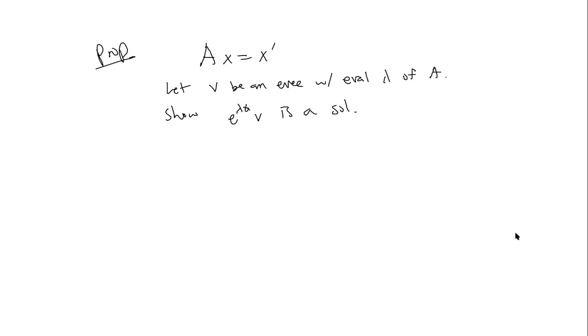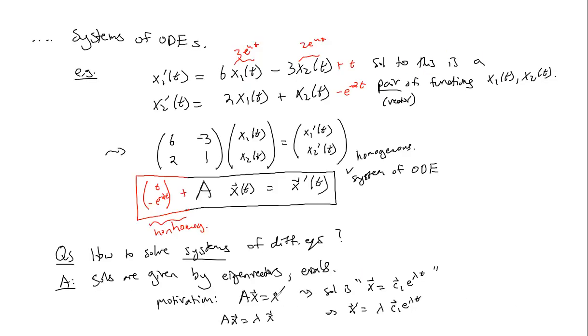Yeah, two questions here. How did we guess x equals c1 e to the lambda t? The motivation over here, I didn't actually guess c1 e to the lambda t. I solved the differential equation, right? I solved the first order separable differential equation Ax equals x prime.